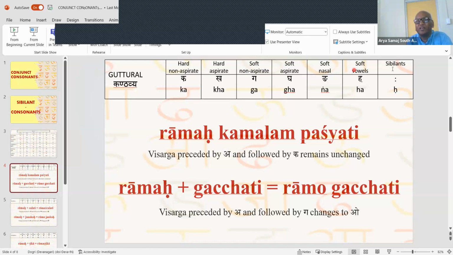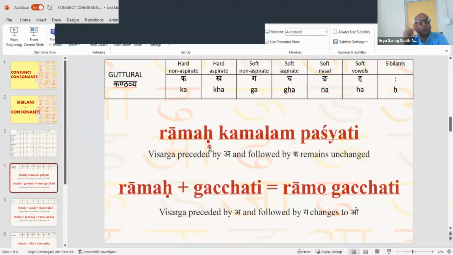Right at the end there, it says sibilant, and working with the sibilants, there's a sibilant there. Okay? So, Ramaha at the end is those two dots if you wrote it. Kamalam is the object, therefore there's an M at the end. Pashyati, sees the lotus. Now, the rule is that Visarga, that H with a dot, it's called Visarga.